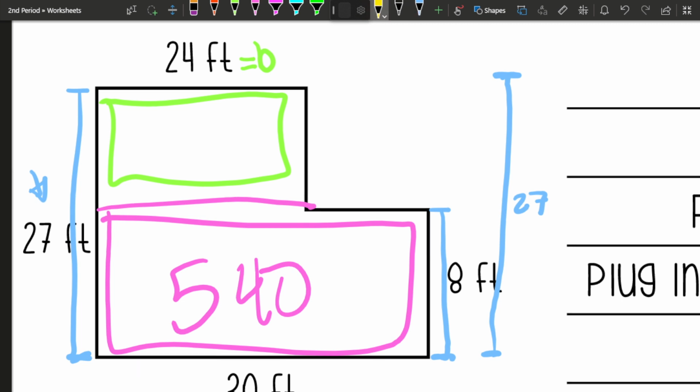So let's look at this. Can I find the distance from here to here? How? This is 18 right there. All the way is 27. So how much more do I need? How would I find the yellow length?